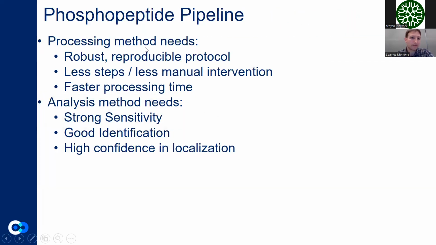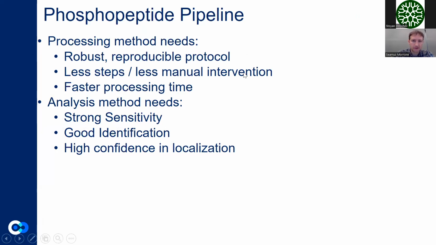So a pipeline for phosphopeptide processing and analysis, as just mentioned, is divided into two parts. The first steps need a robust, reproducible protocol so that we're not getting huge variations in our sample processing.